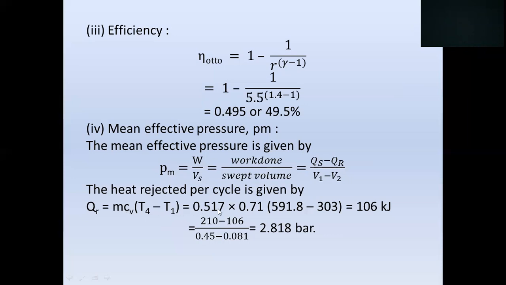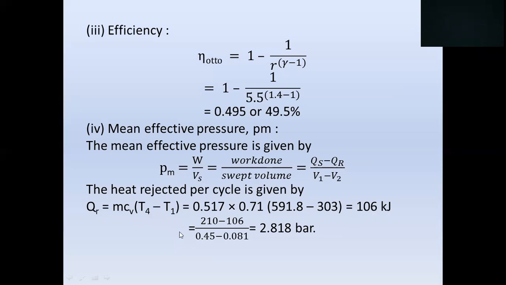So mass is 0.517, CV value is 0.71, T4 value is 591.8 minus T1 value is 303. You get the heat rejected per cycle QR is equal to 106 kilojoule.